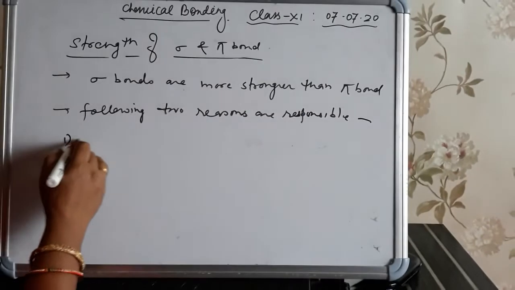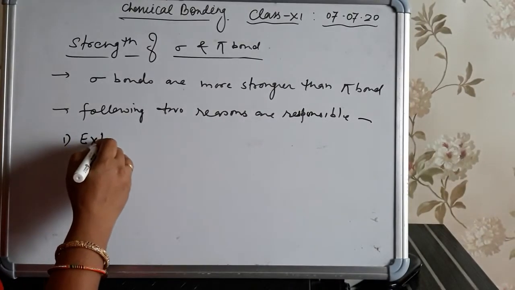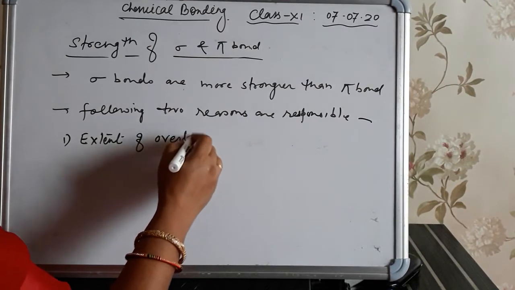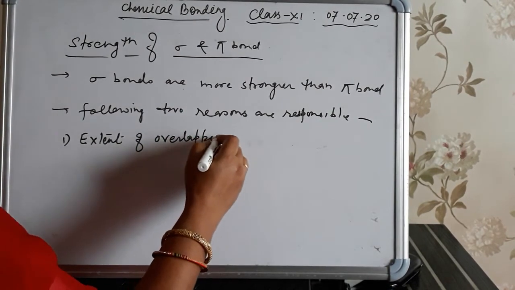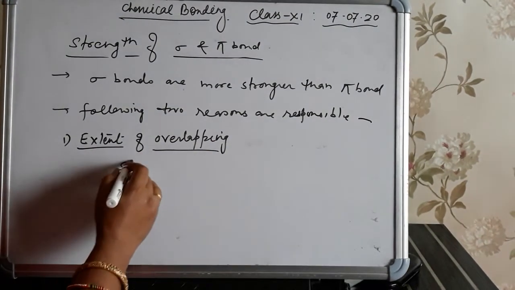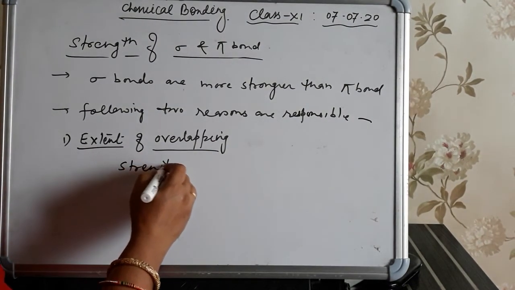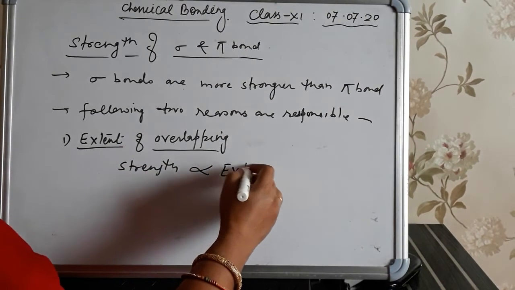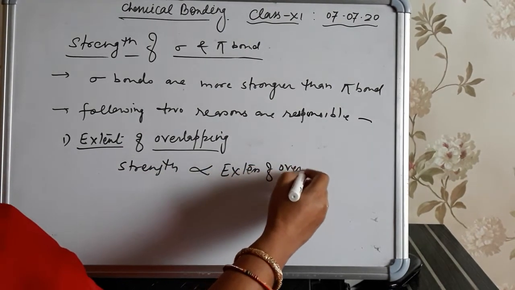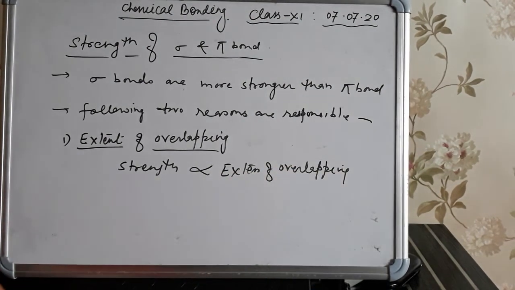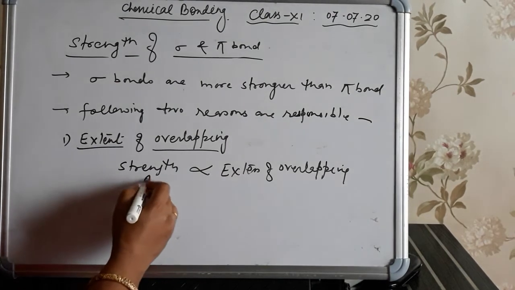Number one, extent of overlapping. Because strength is directly proportional to extent of overlapping. The larger the overlapping, the more will be the strength of the bond.